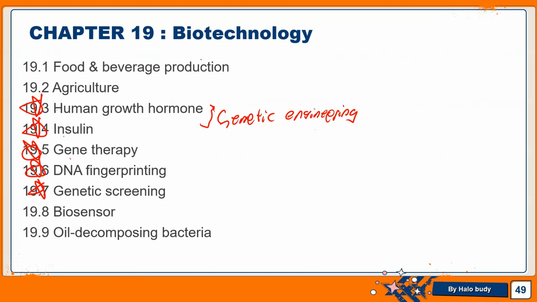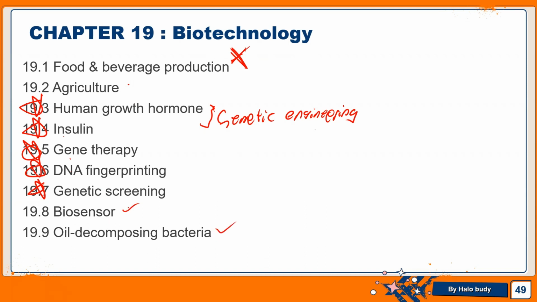But until now, they have never come out. All of this section has never come out. But I cannot promise that it will never come out in the examination, because the syllabus has it. MPM has never asked it yet, but I cannot say you do not need to read. You also have to read. And for agriculture, it has come out before, but only a little, so also read. And for biosensor and oil decomposing bacteria, they came out in the objective questions.